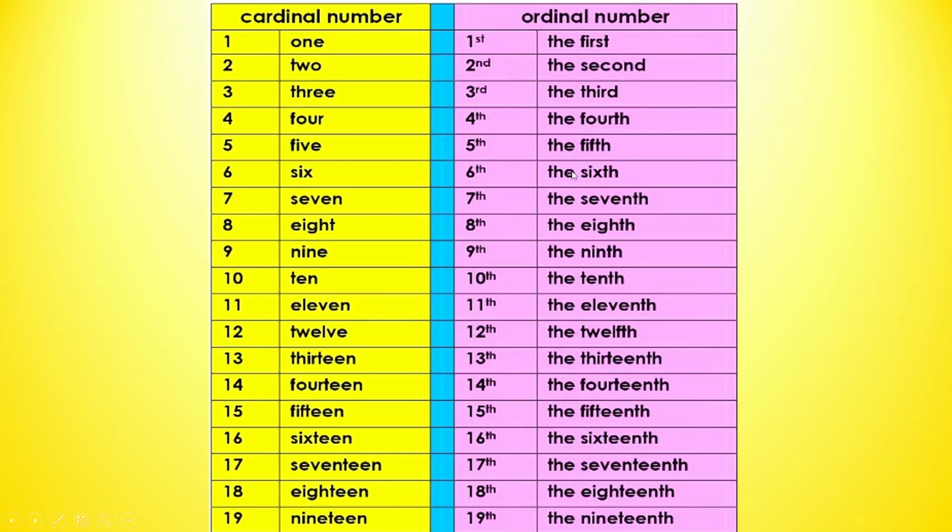For example, when I say the number 1, I say 1, the first, and it's your turn to speak, follow me, okay? Are you ready to learn how to read the number? Yes, and start now.